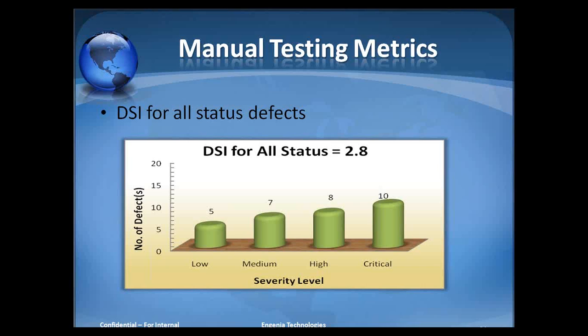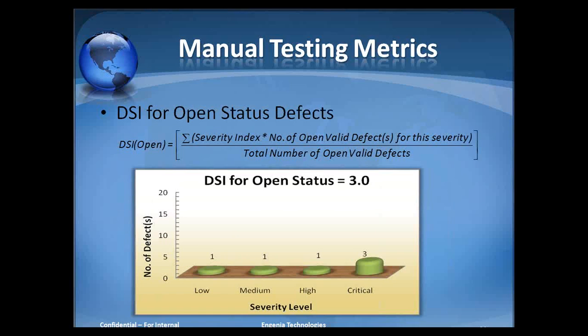For example, there were around 5 defects of low severity, 7 of medium, 8 of high, and 10 defects of critical severity. If you put these figures into the formula which I explained in the earlier slide, you get the DSI for all status as 2.8.